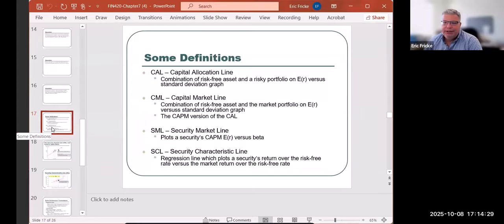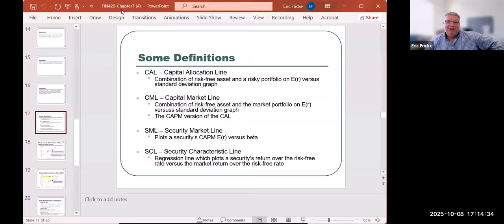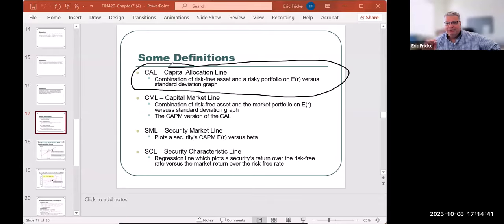All right, so here's just a summary of some of the graphical lines that we talked about. First off, we had the capital allocation line, the CAL, right? And that was from the risk-free asset up to the optimal risky portfolio. We've got RF here, we've got return here, and we've got standard deviation. We had a line here, and this optimal risky portfolio was the tangent line with the efficient frontier.